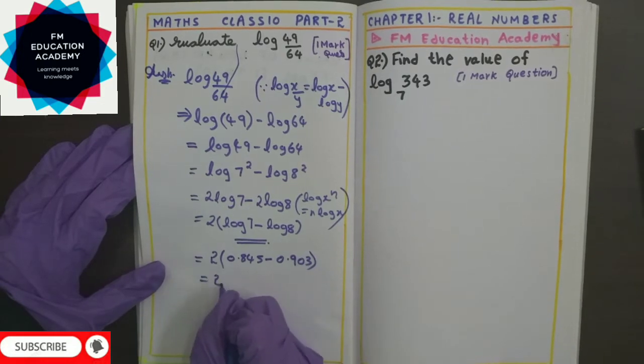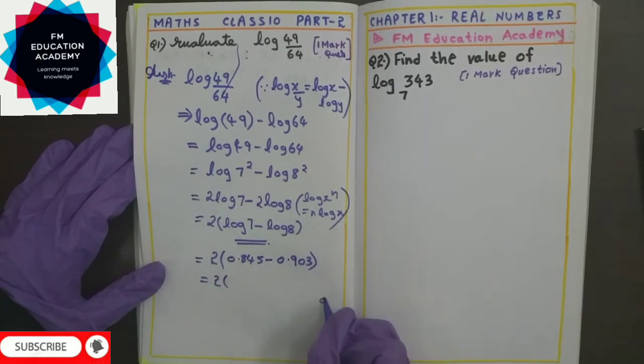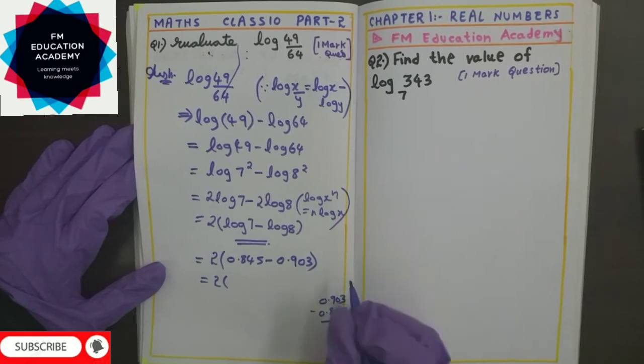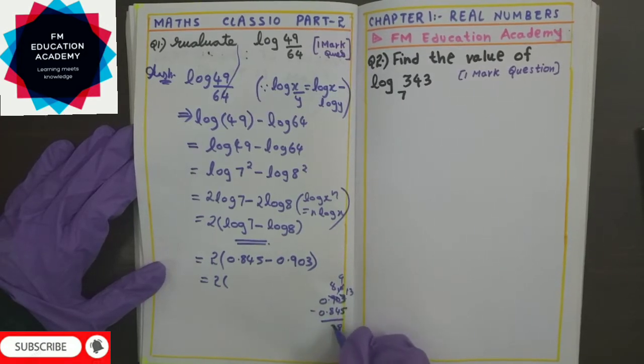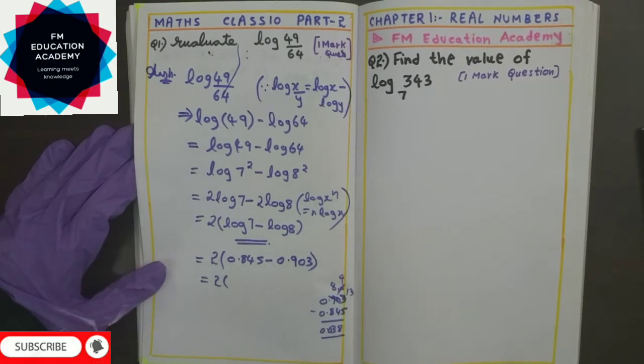So we can subtract these both, 0.903 minus 0.845. 13 minus 5 is 8, 9 minus 4 is 3. So we got 0.038 as the answer.